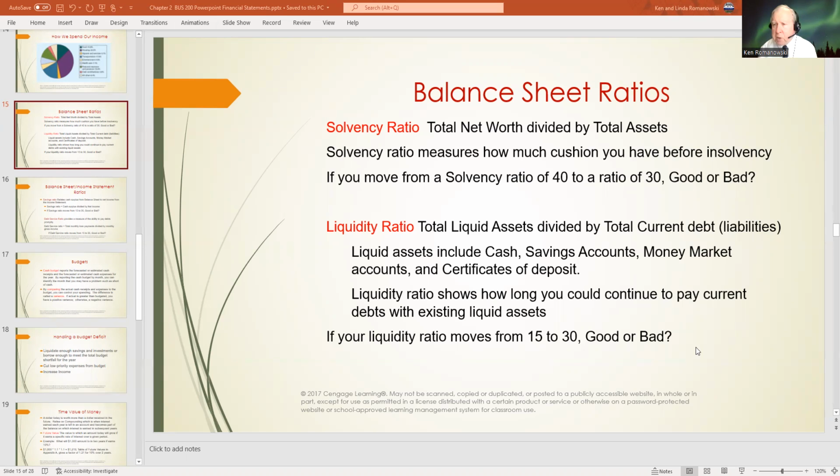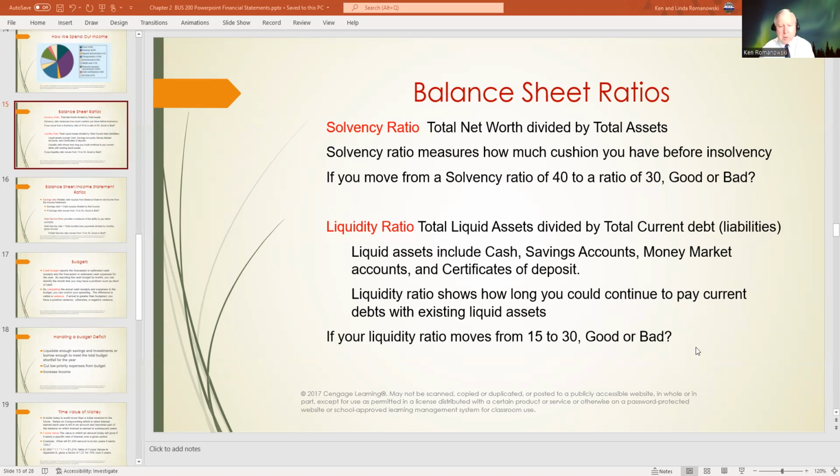You could include those that are longer term. Just understand that there may be some kind of a penalty if you liquidate them. So now you're going to compare those liquid assets then to your current debt.